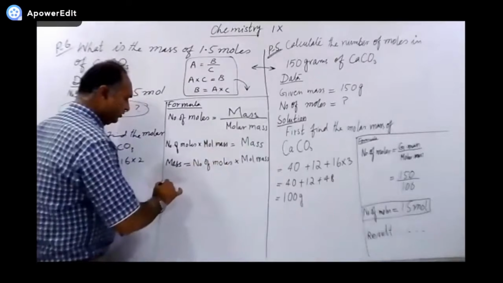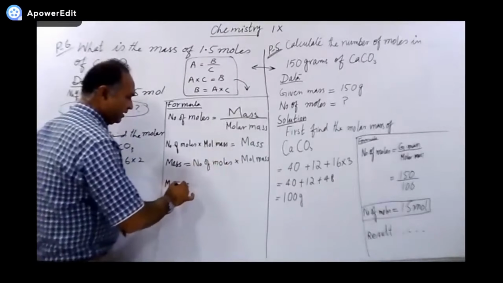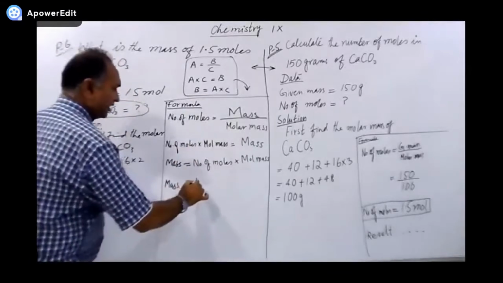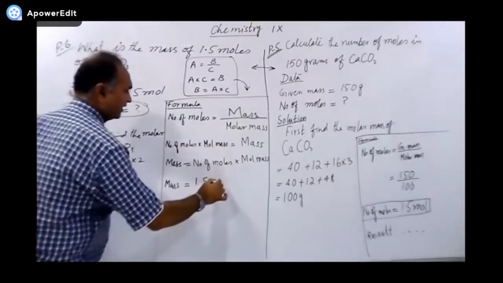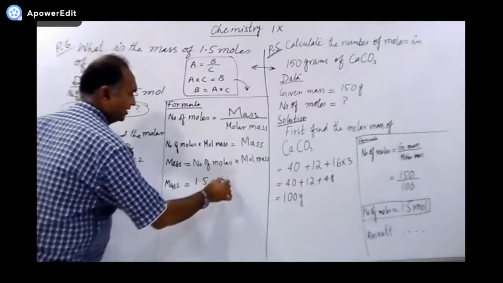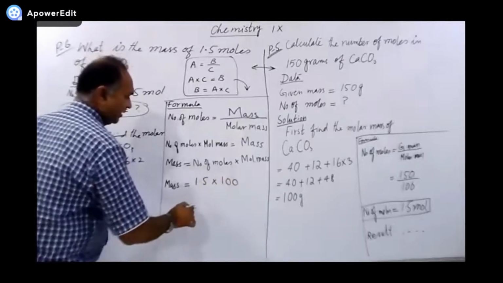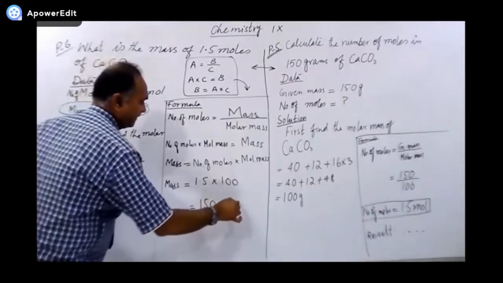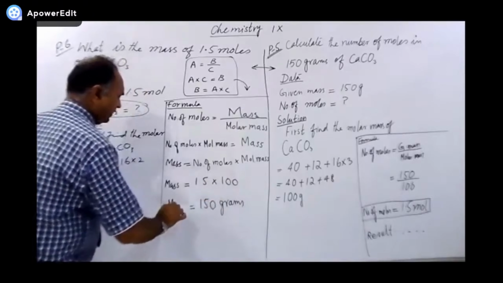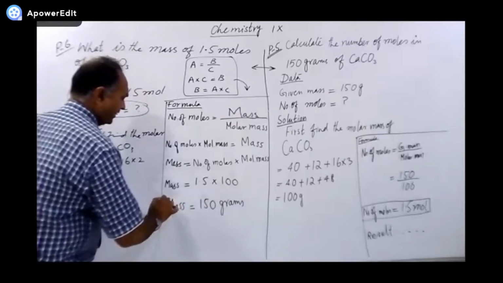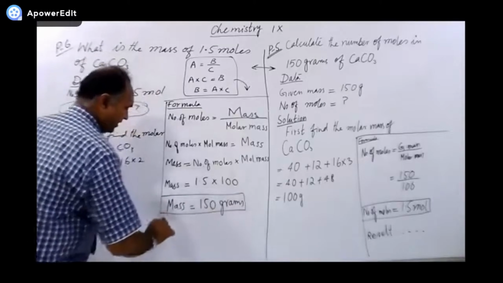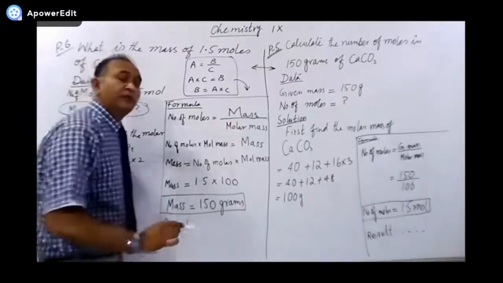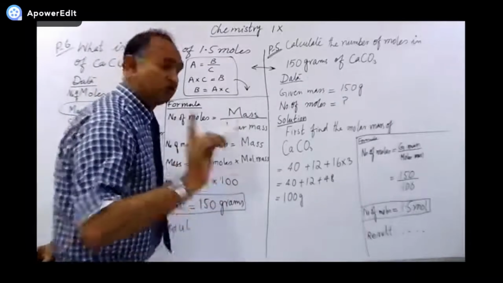Now substitute the values. Number of moles. How many moles? 1.5. What is the molecular mass? 100. The answer will become 150 grams. I hope that now you have understood clearly problem number 2, page number 22.